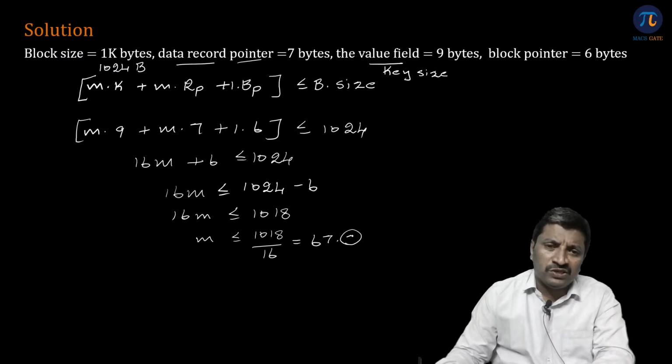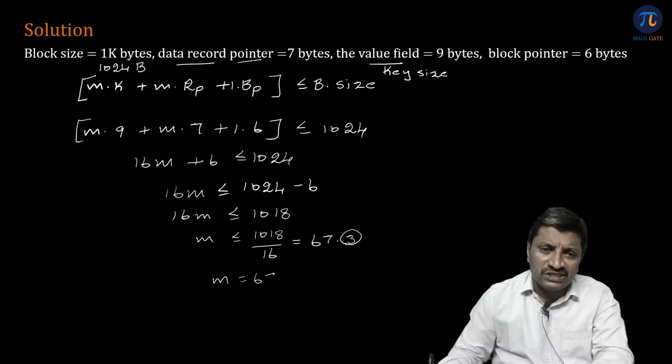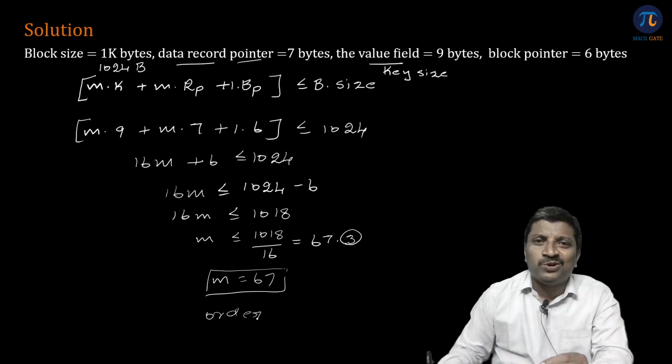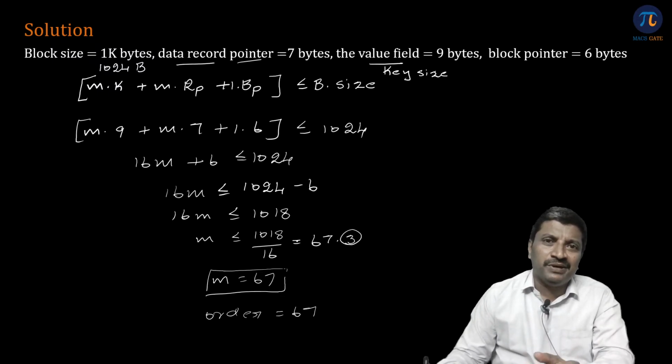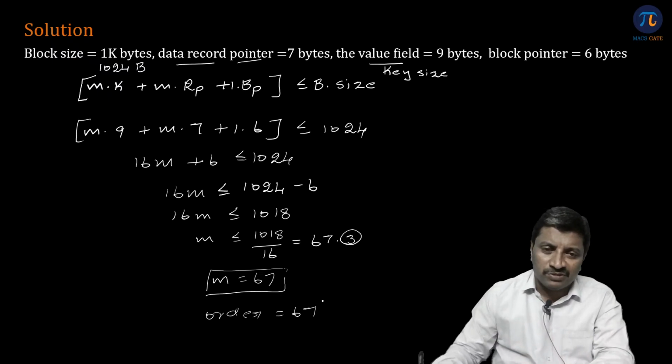Okay. So what can be the maximum value, sir? 67. This is the order of the leaf node. Sir, please check it, sir. I am not sure about the numerical calculations. Most probably it will be correct. So it will be 67 point something, sir.